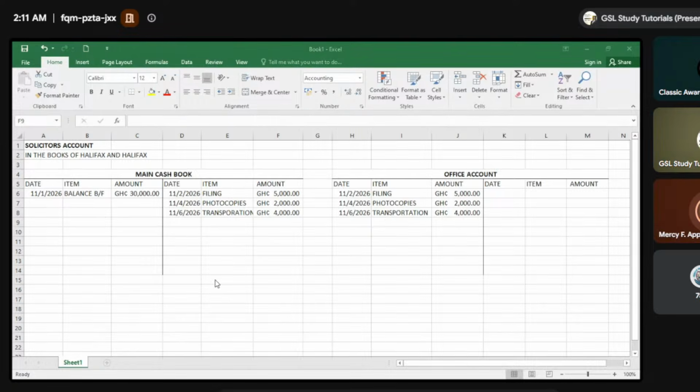I disagree. I think it involves the main cash book, because it records monies received and paid out. And because we are crediting the main cash book, we will debit the office account.